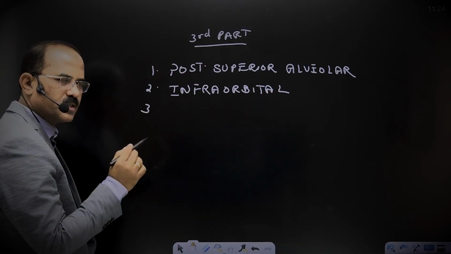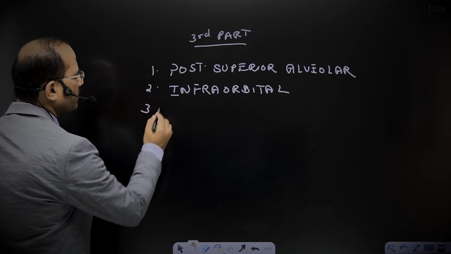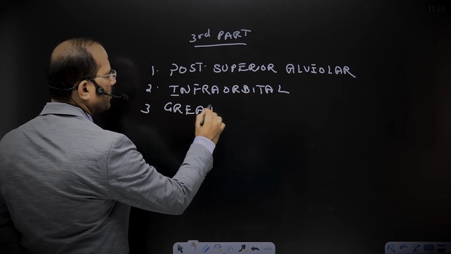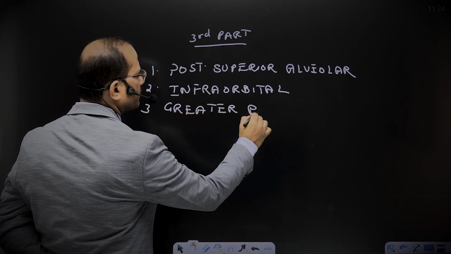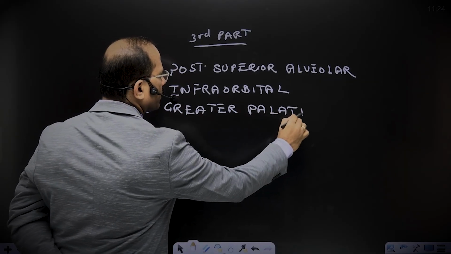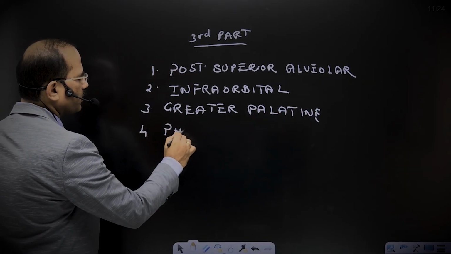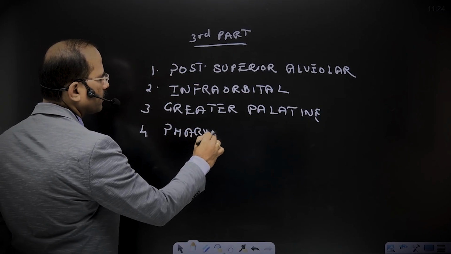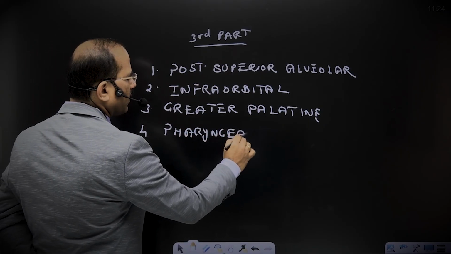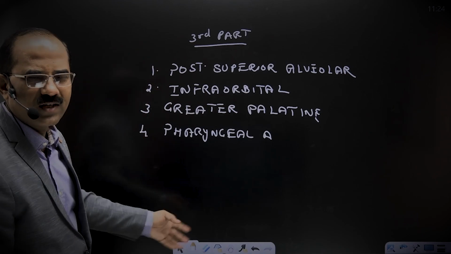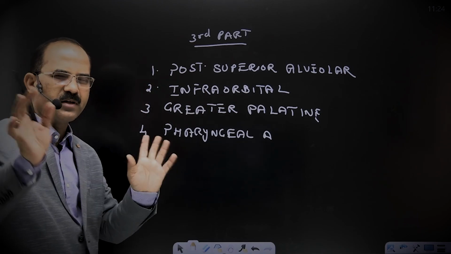Posterior superior alveolar, infraorbital, greater palatine. Pharyngeal artery. Just remember, make one first letter of each and make a mnemonic out of it, so you'll remember it.